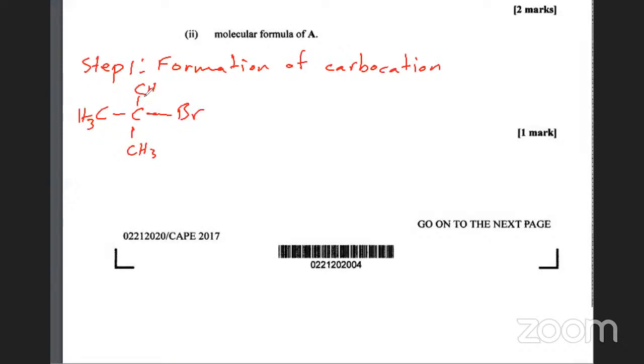Heterolytic, right? Once the bond is polar, heterolytic breaking occurs, and you will get your carbocation.